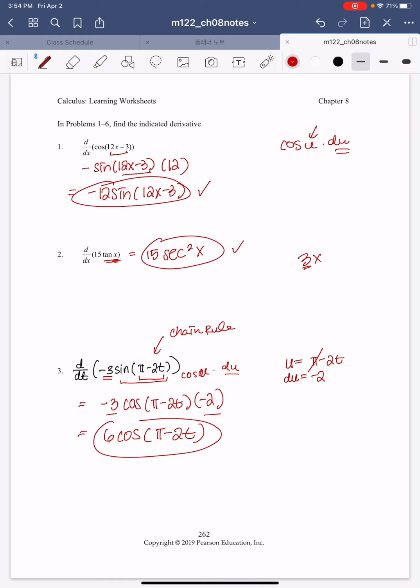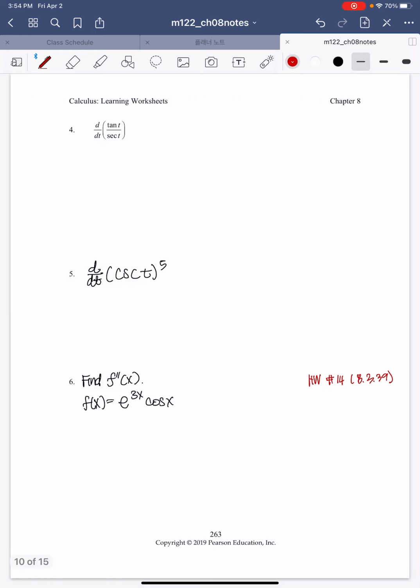Next page, we have the derivative of tangent t over secant t. Let's recall this one. This is a fraction, a quotient, so we are going to be using the quotient rule. Let's recall the quotient rule.